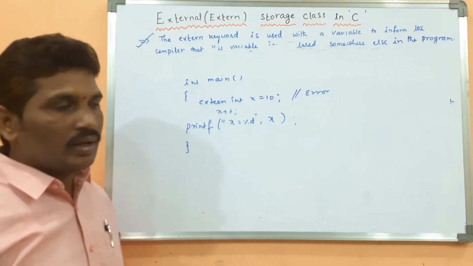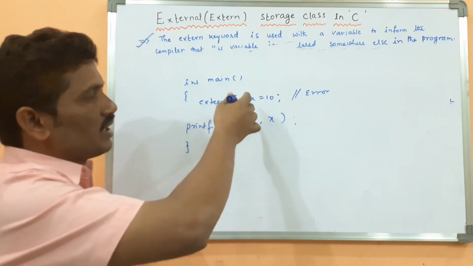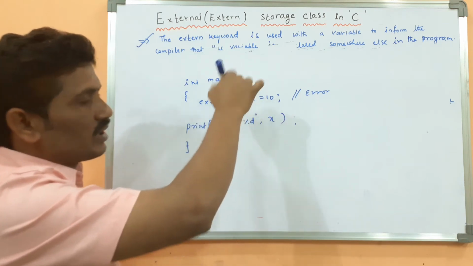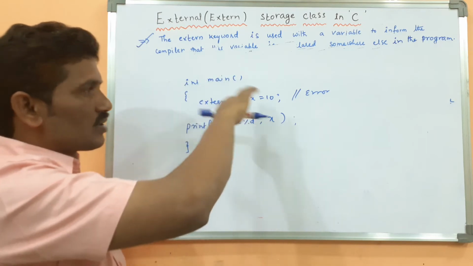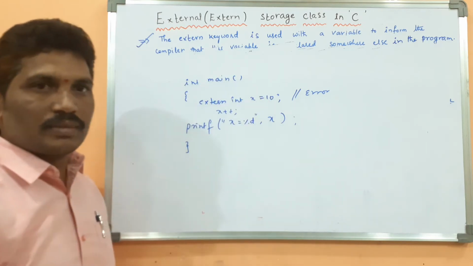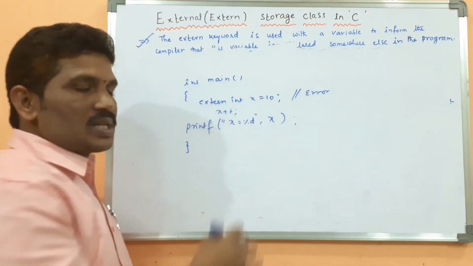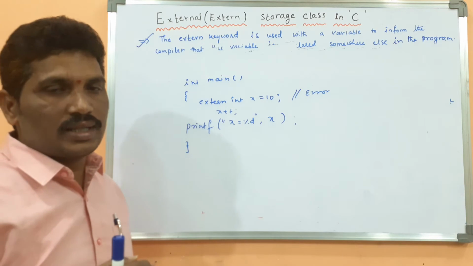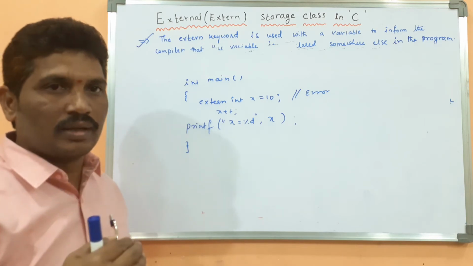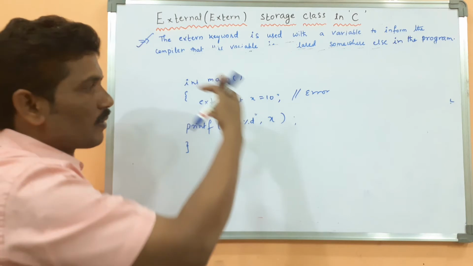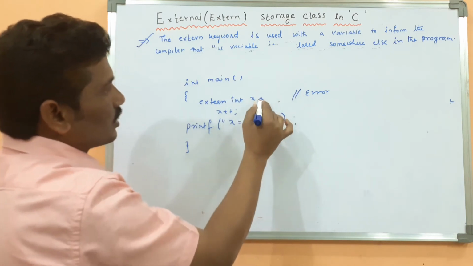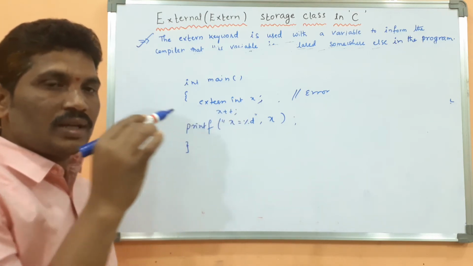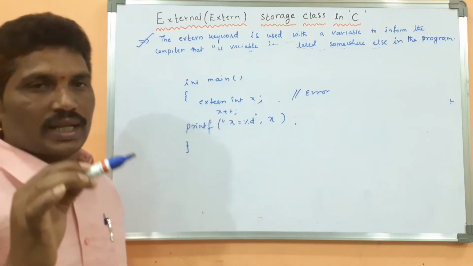But here the external variable has been initialized within the block. The main function is also a function, so whenever you initialize it within the block or within the function, the compiler shows an error.